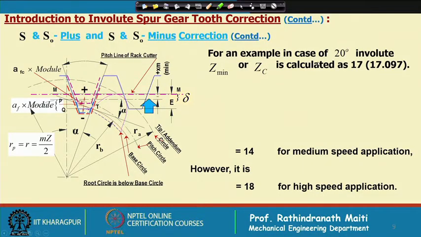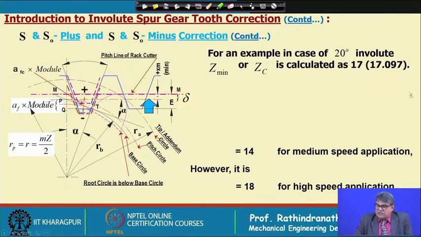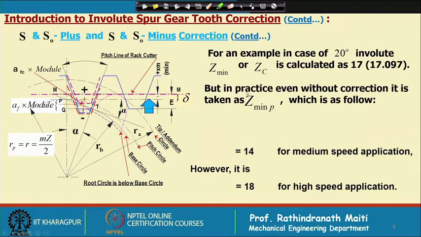Now, for example, in case of a 20 degree involute, Z minimum or ZC is calculated as 17, it is actually 17.097. In practice, let us consider this nomenclature, we put Z minimum P, that is for practice.